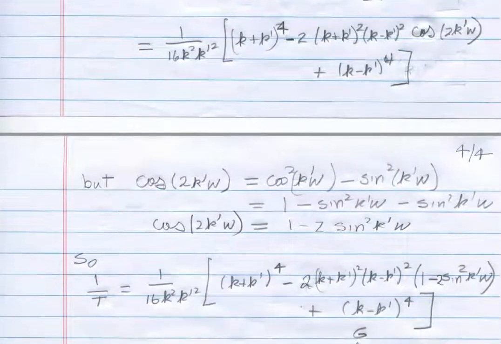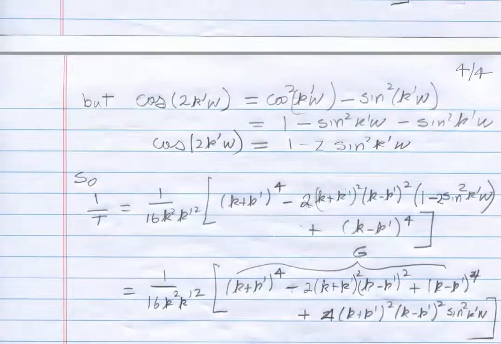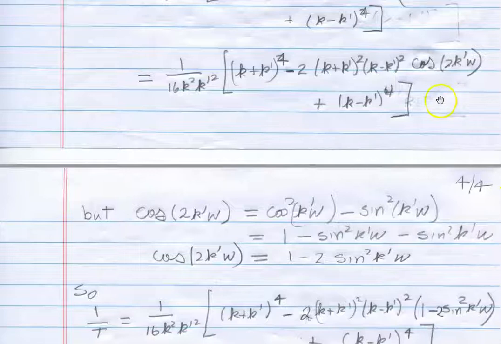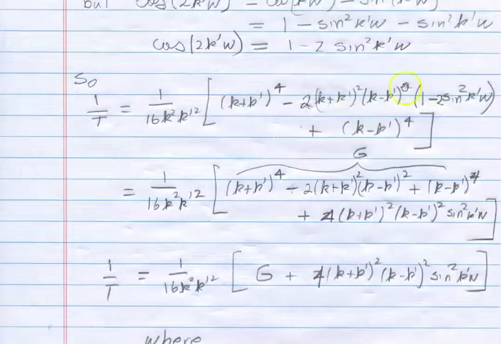And I can use a half angle formula, which I never remember, I always go back and do. So I can replace that cosine term up here with 1 minus 2 sine squared. And I get this. And then I just collect some terms.